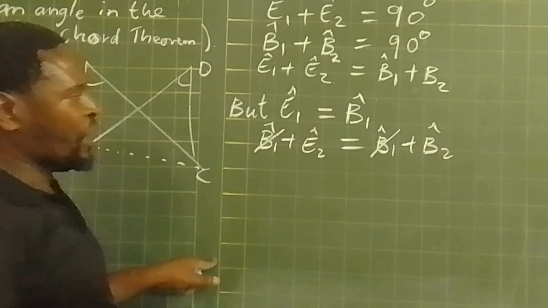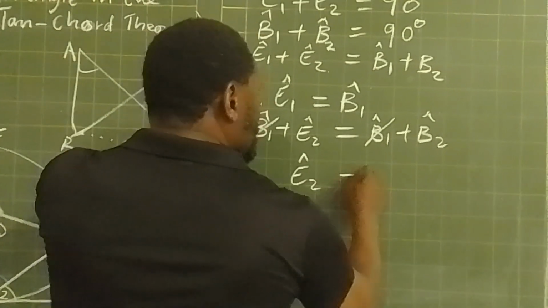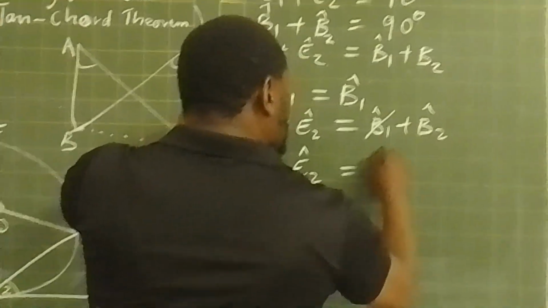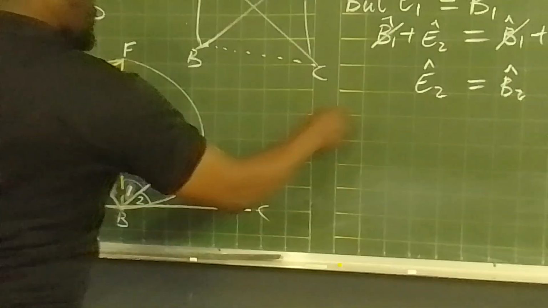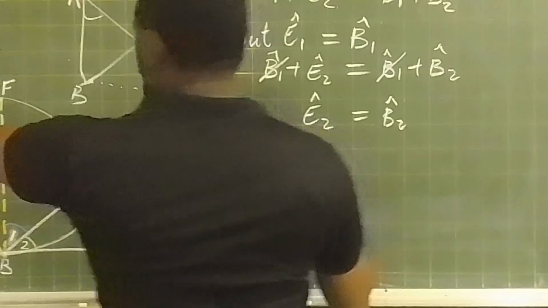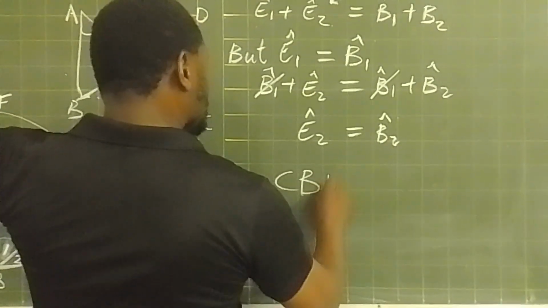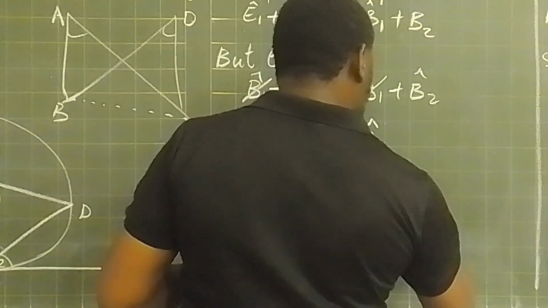B1 cancels, you are left with E2 is equal to B2. Let's check what is your E2. E2 is here, B2 is here. Therefore, CBD is equal to BED.